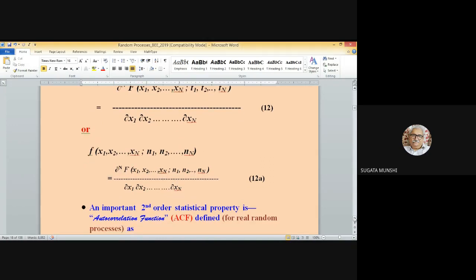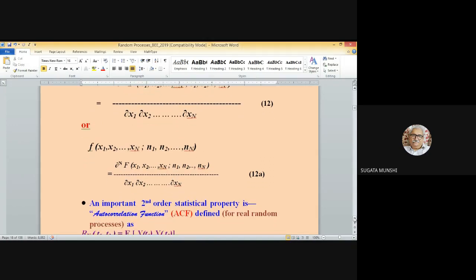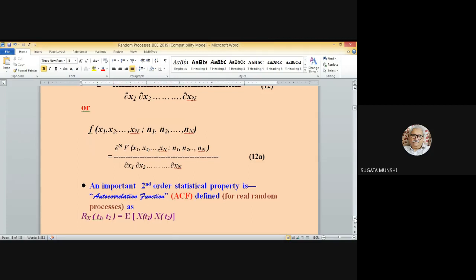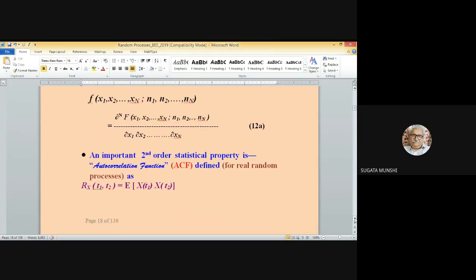If you freeze your attention to two instants T1 and T2, the correlation of the two random variables X(t1) and X(t2), or X(n1) and X(n2), that correlation is known as the autocorrelation function of the random process.